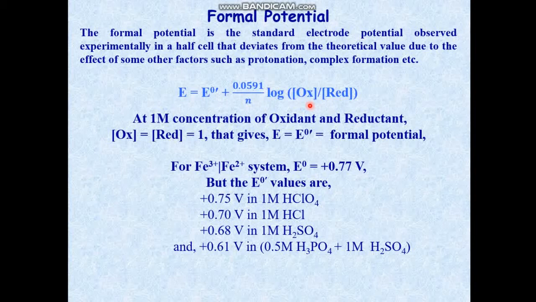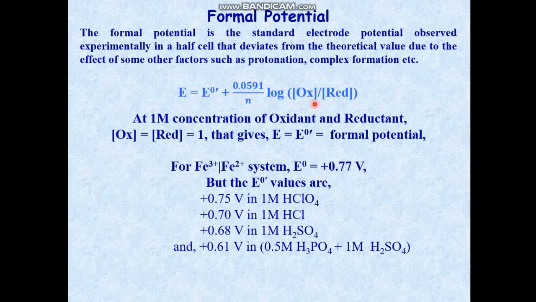As a result, the free ferric ion concentration reduces a lot. So the exact amount of ferric or ferrous ion you know is present in the solution in the laboratory is one value, but in the free form they are present in a different value.